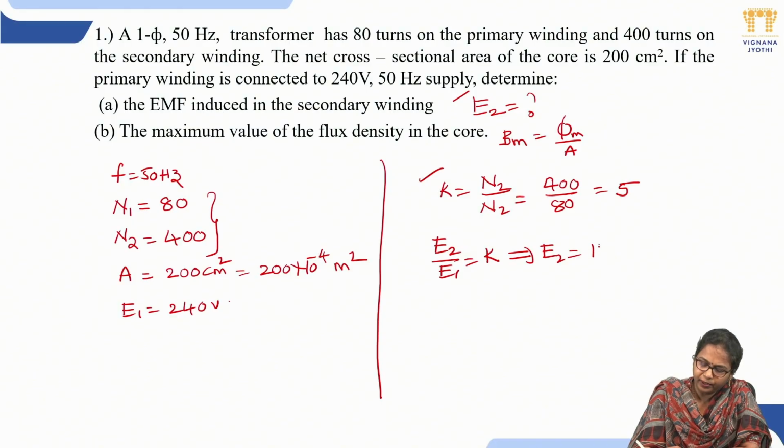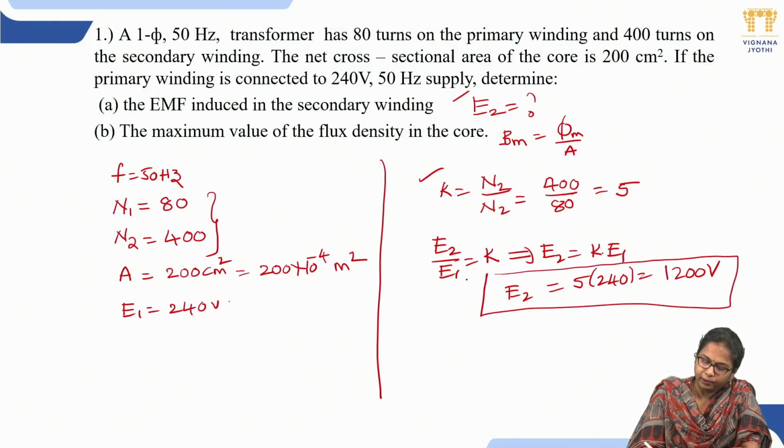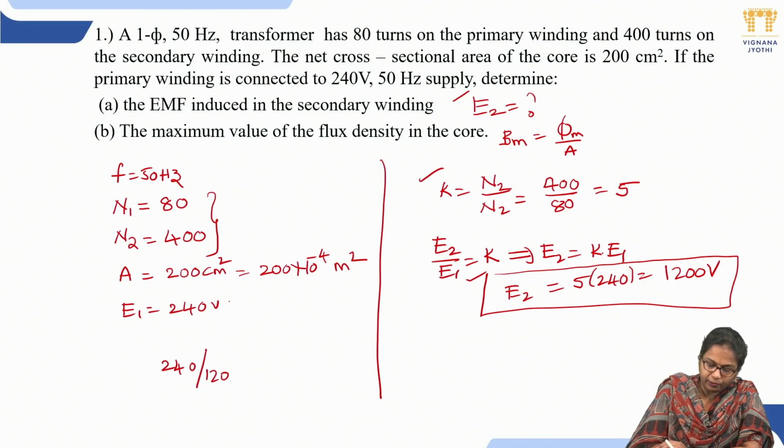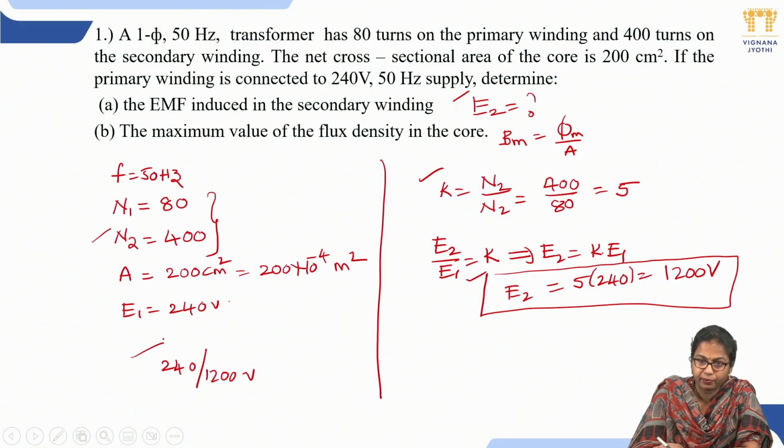E2 is equal to K times E1, which is equal to 5 times 240, that is 1200 volts. So E1 is 240 volts and E2 is 1200 volts. Even by seeing this voltage ratio, we can say that this is a step-up transformer.